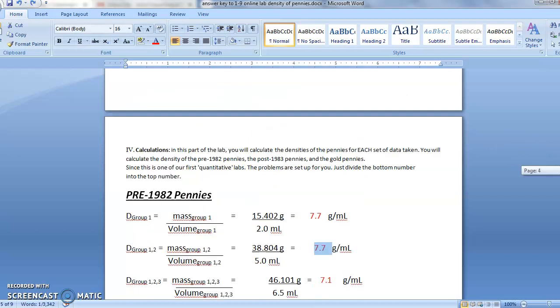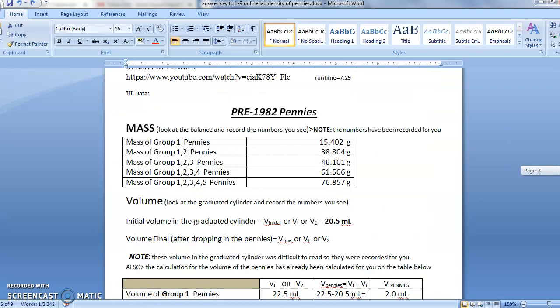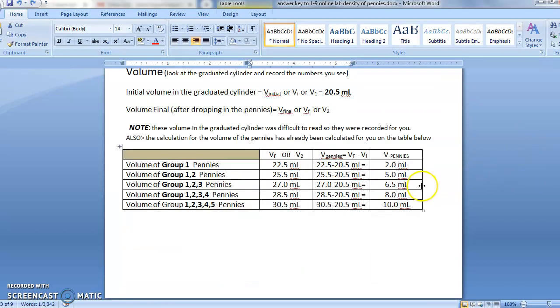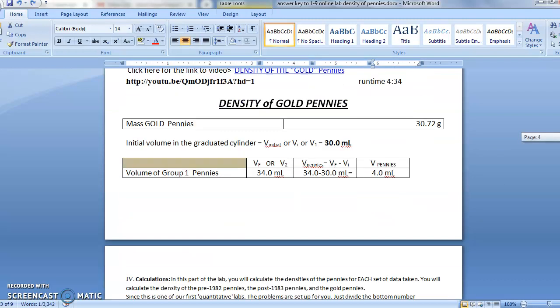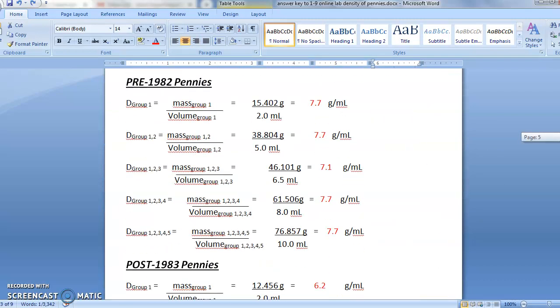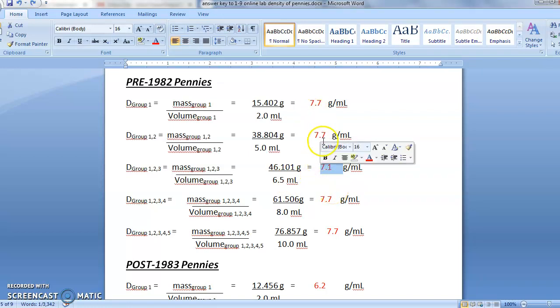46.101, that number was right here. 46.101, that was our mass of the group 1, 2, and 3 pennies. The volume change was 6.5. So we go ahead and put 46.101 divided by 6.5. This one surprisingly came out to 7.1. 7.7, 7.7.